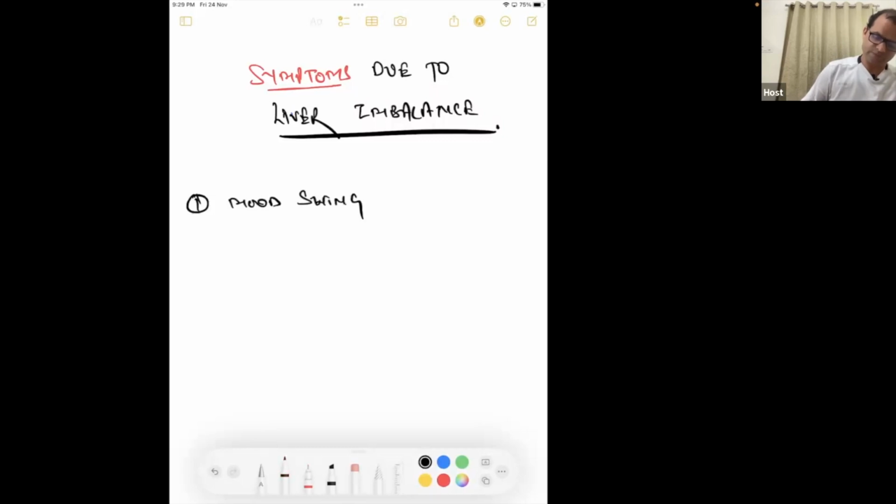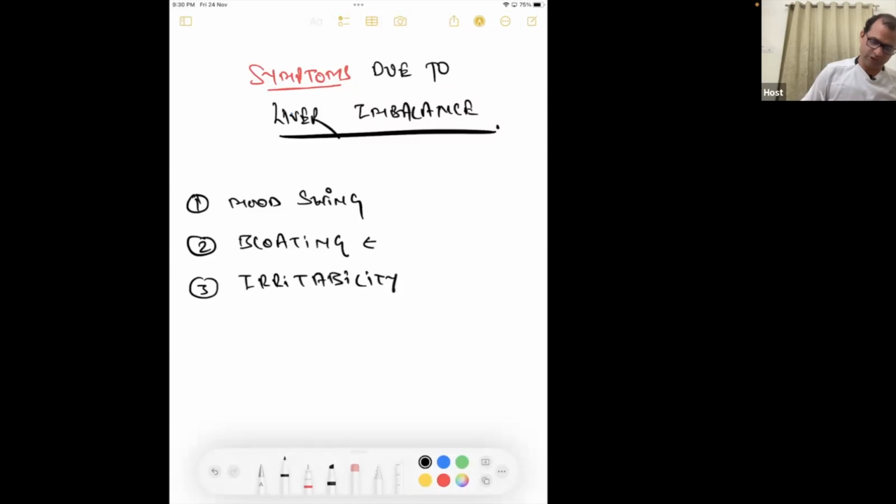Number two, many persons having liver imbalance also have bloating. Generally, bloating is the sign of the spleen, but the liver person also has bloating. I will discuss what type of bloating. Number three, irritability.